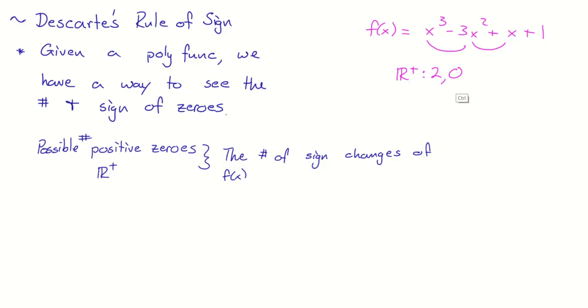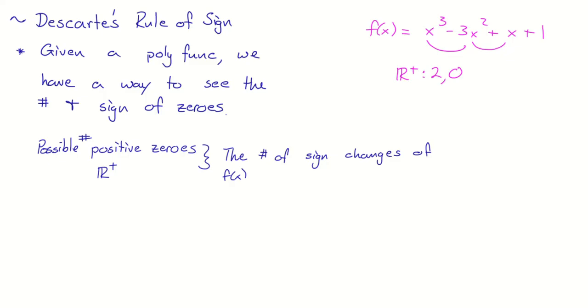Okay, so if we don't like the language or less than by an even number, my alternative would be the number of sign changes of f of x, or an even number less. Like I'm trying to think of how I would word this if I'm changing it, because I've always said or less than that by an even number, which it might make sense now.